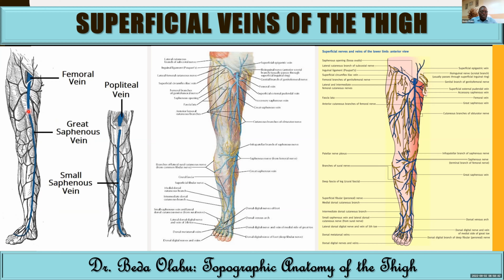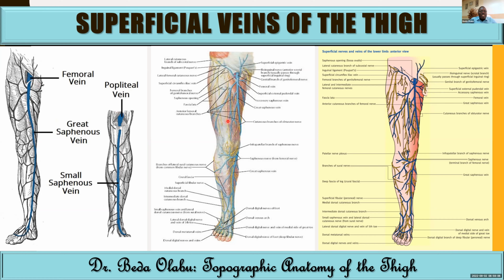And then it terminates somewhere up in a vein we call the femoral vein. The femoral vein is a deep vein. Deep veins run with arteries, but superficial veins do not run with arteries. So the superficial veins are subcutaneous, they don't run with arteries. So the great saphenous vein is the main superficial vein in the thigh.